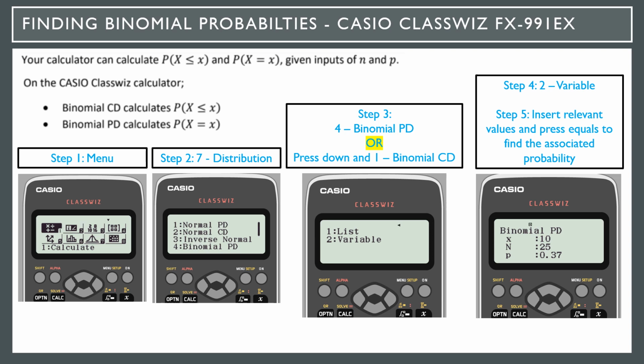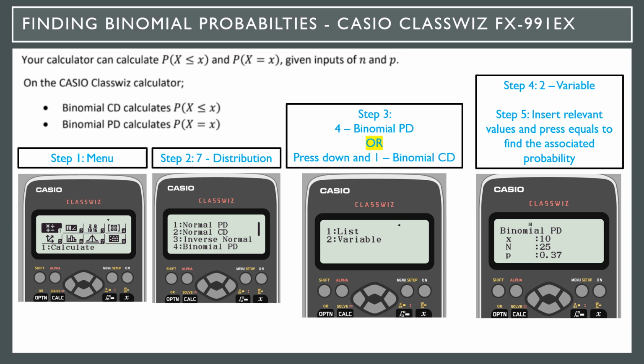That's when your calculator becomes really useful, because you can specifically define your variables for x, n and p. In particular, when considering the CASIO CLASSWIZ calculator, we would want to use the binomial CD function to find the probability that x was less than or equal to a given value of x, and the binomial PD function to find the probability that x was exactly equal to a given value.